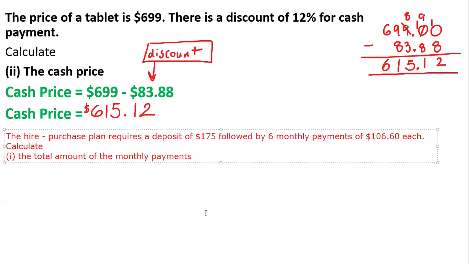Very good. All right, good. And I put it in the chat. Does anyone know how we're gonna get the total amount of the monthly payments? How am I gonna get it? What am I gonna do? Anyone can answer.